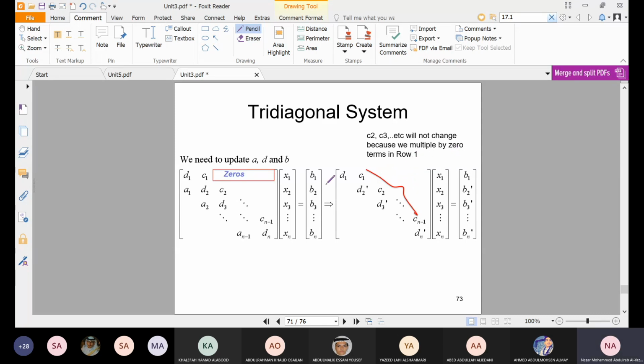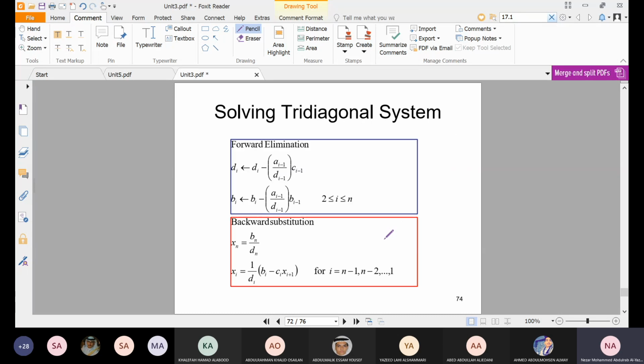We use this pivot row to do the elimination here and here, if we need. So this is the algorithm for tridiagonal systems. In forward elimination, we have the new, updated D i.